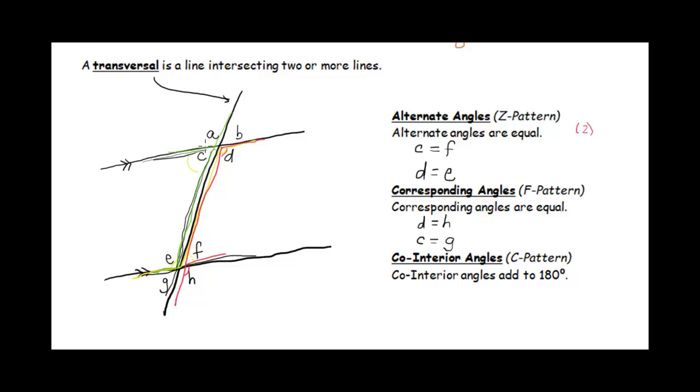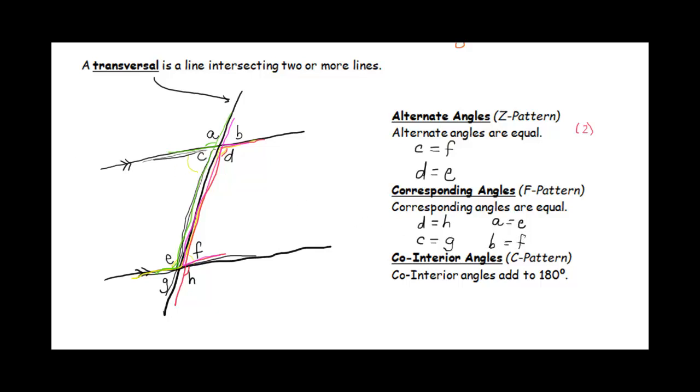We said it was the parts that were under the forks. Because my F is upside down, I'm actually looking at the ones on the top, and that will tell me that angle A is equal to angle E. And then similarly again, I can draw an upside down F but backwards, so that will go this way, right here. This last one tells us that angle B is equal to angle F.